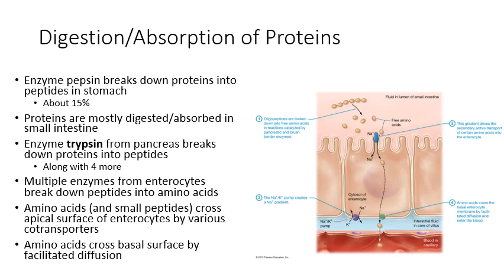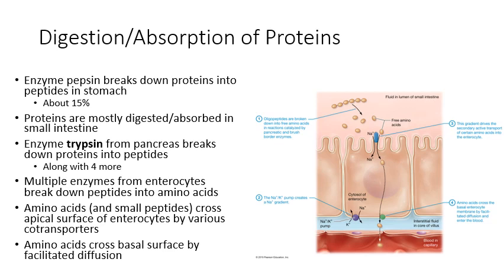Then once the chyme enters the small intestine, you have more enzymes released. The pancreas releases 5 different enzymes that break down proteins. One of them is trypsin. So those are going to take whatever proteins are left intact and break them into peptides. And then you also have a whole host of enzymes that come from the enterocytes themselves that finish breaking down those peptides into actual free amino acids.